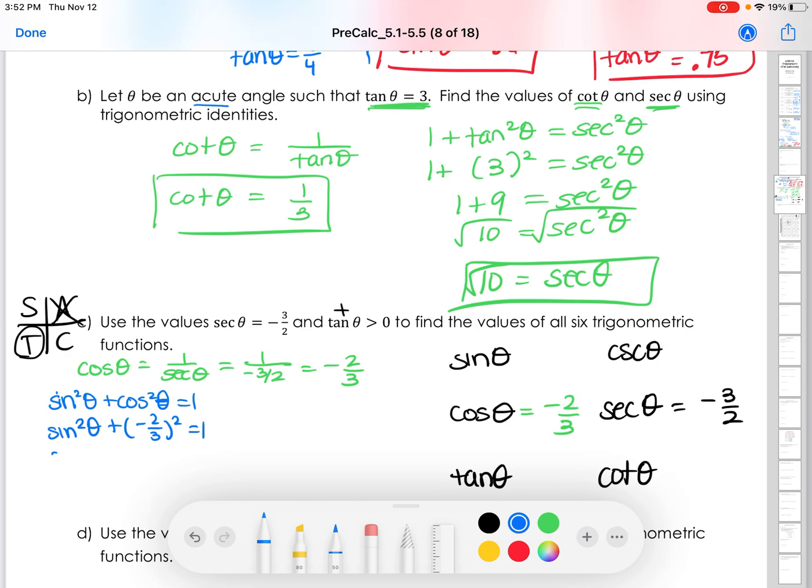When I square that, I have sine squared plus 4/9 is equal to 1, which means sine squared is equal to 5/9. And then I'll take the square root. So sine is going to equal root 5 over 3.